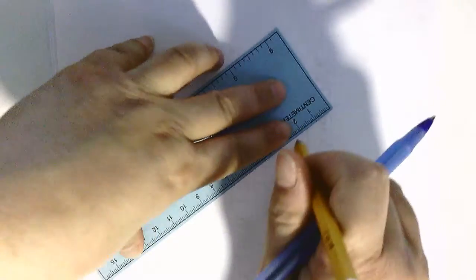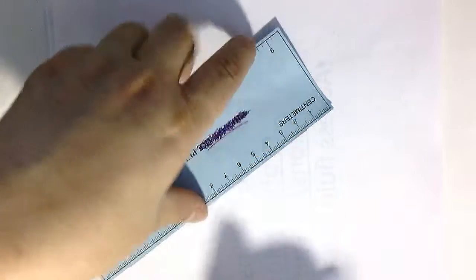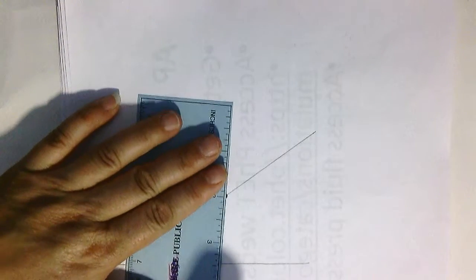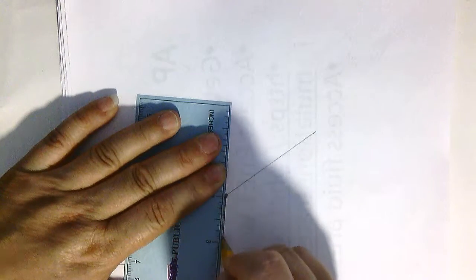So let's go ahead and draw our incline. Here's our angle. Okay. Let's go ahead and put our block right there, and our weight is going to go straight down.